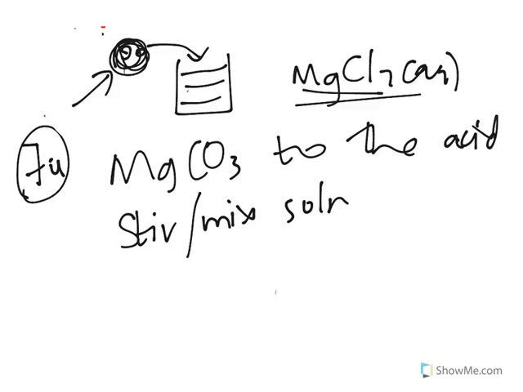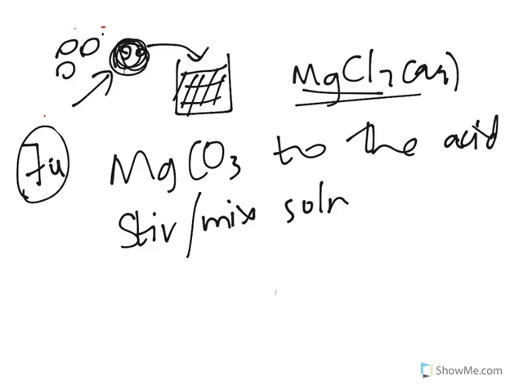Now the reason for adding excess is because these are solid particles. If you add excess, you can be 100% sure that all of the HCl has gone away. And you can always filter out solid particles. Solid particles are very easy to filter out. It's a very simple way of filtering.